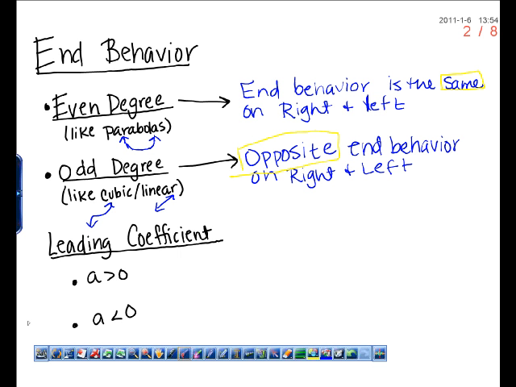So, in order to tell that, we're going to look at the leading coefficient of a polynomial. The leading coefficient of a polynomial is the coefficient of the highest powered variable, the highest degree variable.